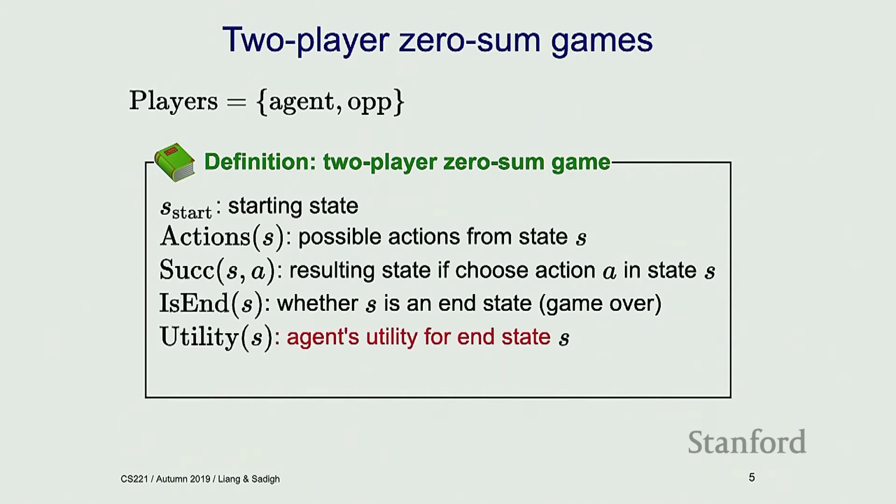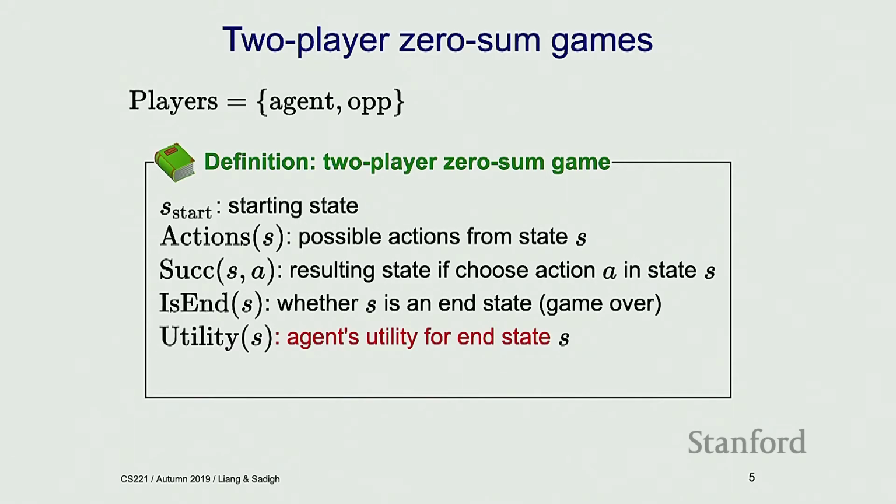And the thing that's different here, there are two things that are different here. One is this utility function. And the utility function basically gives us the agent's utility at the end state. Okay? So one thing to notice here is that the utility only comes at an end state. So after you finish the game, like I've played my chess and I won, and then I get my utility.